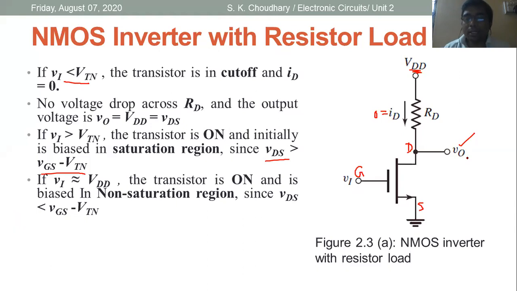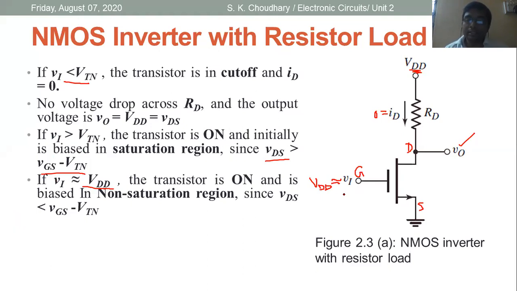Now the third condition: we increase Vi very high, equivalent to the VDD supply voltage. Then the transistor is on, obviously, and it is biased in the non-saturation region.